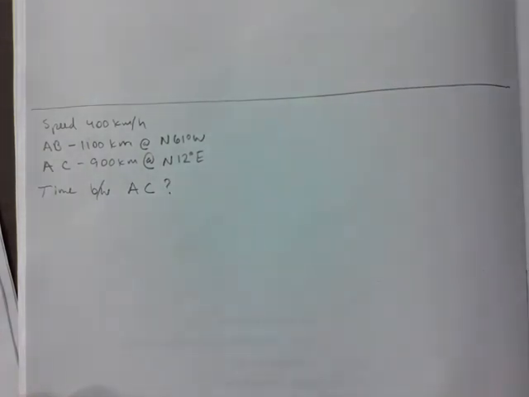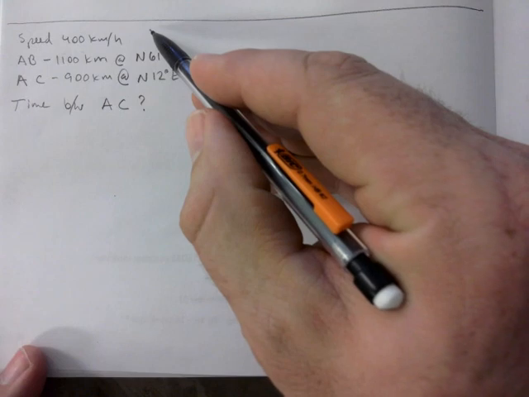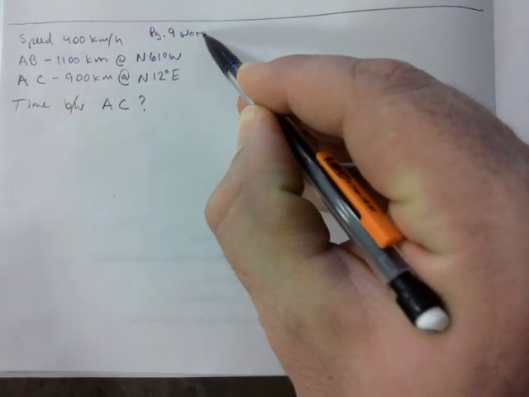Right? That's basically what the question is asking, like how long would it take this plane to fly that distance? And I will make reference, this is page 9 of the workbook.